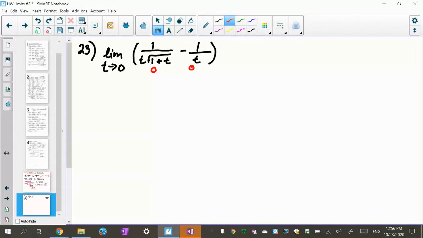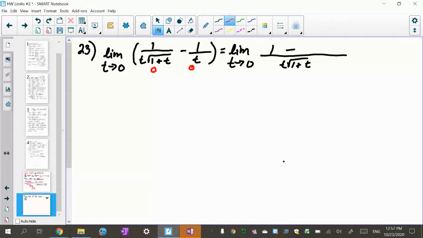The only thing that comes to mind is, what if I got that to be just one fraction? So I'm going to find a common denominator. This equals the limit as t approaches 0 of, and I'm going to write this as one whole thing, and I know my common denominator is going to be t radical 1 plus t. So the 1 is going to stay there minus, now what am I missing here?